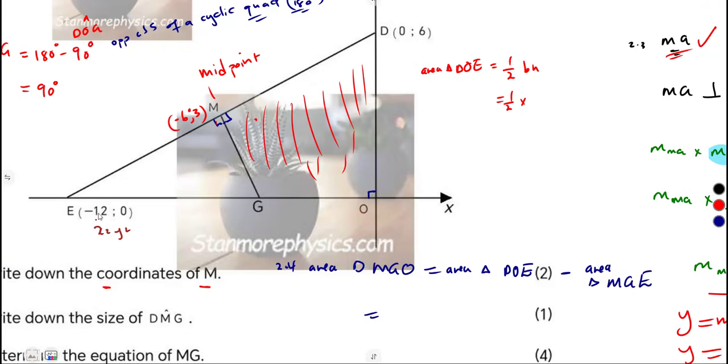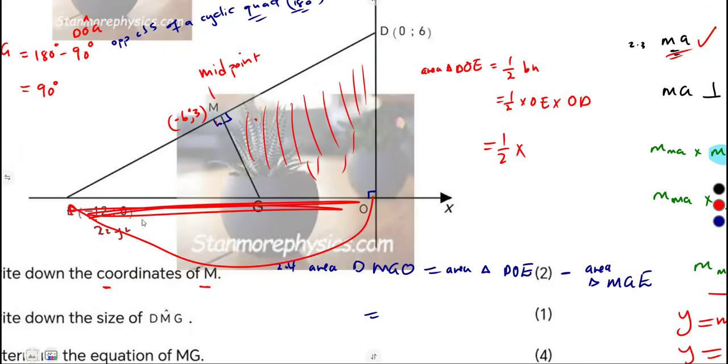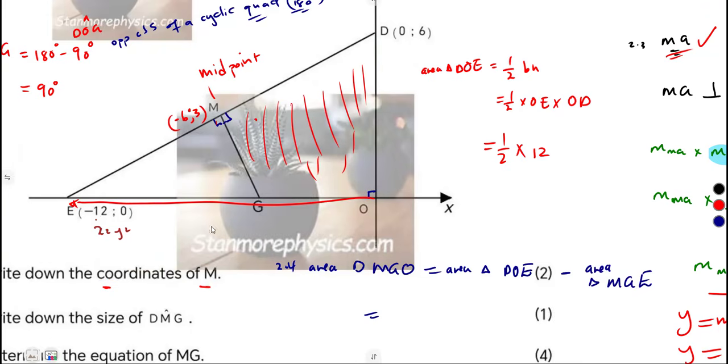The base is from O to E, and the perpendicular height is from O to D. Horizontally, from the origin up to the point E, we just take the x value at E, which is positive 12. It's a point at minus 12, but we consider the magnitude.